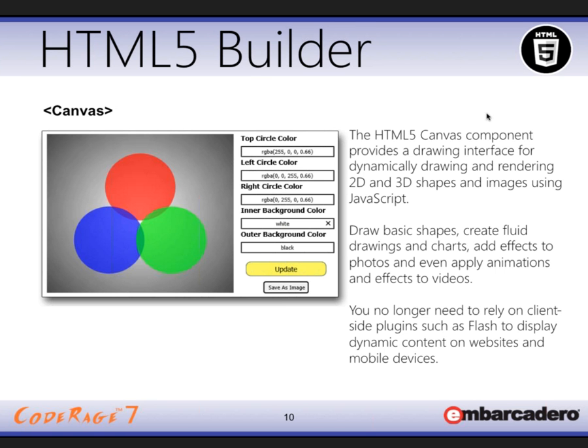And that also includes some fluid drawings and charts, etc. If you've used HTML5 Builder, you'll see that we have some components from Schema in there as well, the T-chart charting tools, and they also use the canvas components. So it's a really good surface for being able to render charts, graphics, shapes, etc. And it also doesn't require your end user of the product to be able to have Flash or other plugins installed to be able to render dynamic content in the browser and on their device.